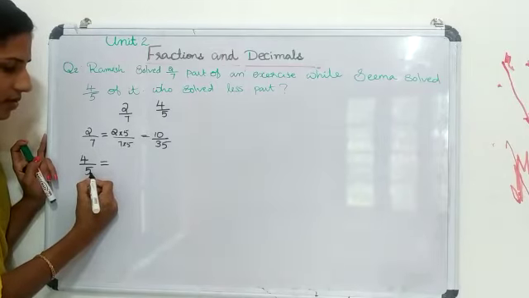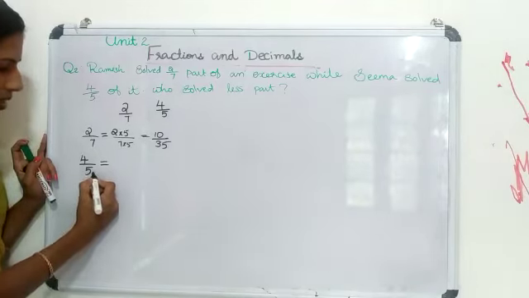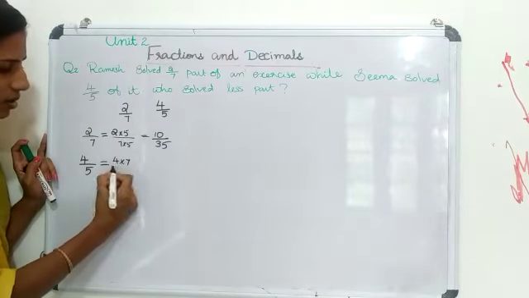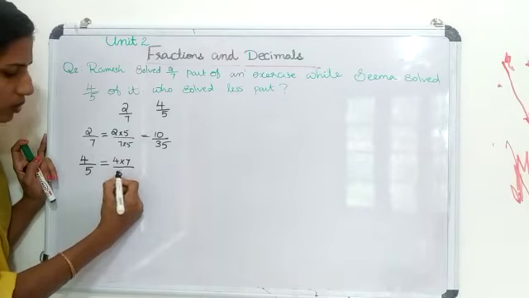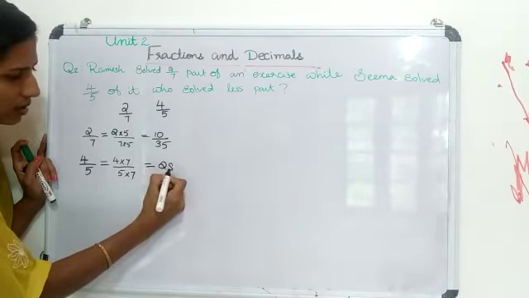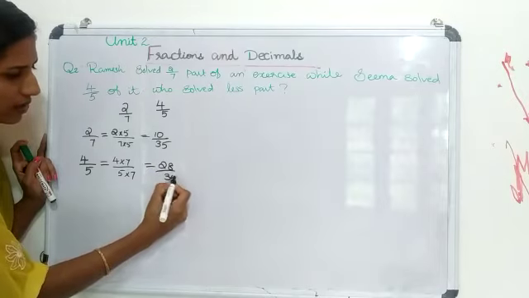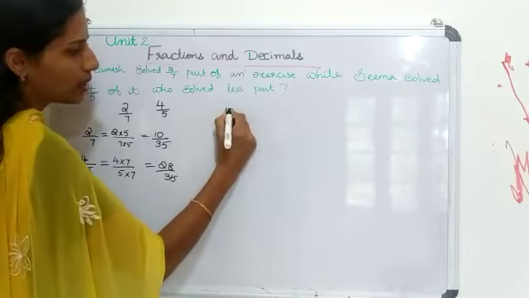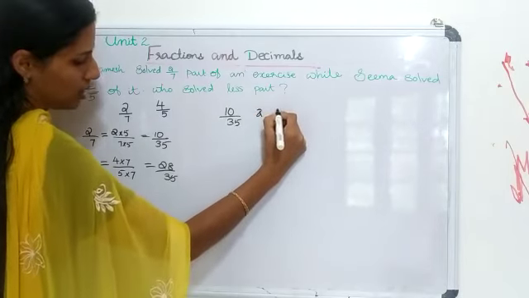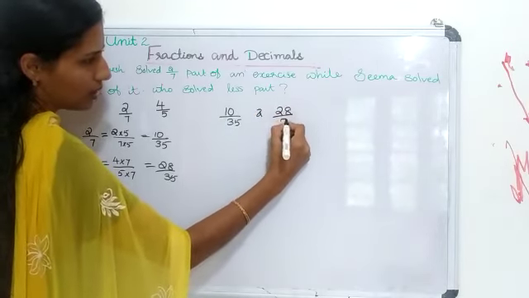When we multiply it by 7, we will get 35. So both numerator and denominator should be multiplied by 7. 28 by 35. Now compare 10 by 35 and 28 by 35.